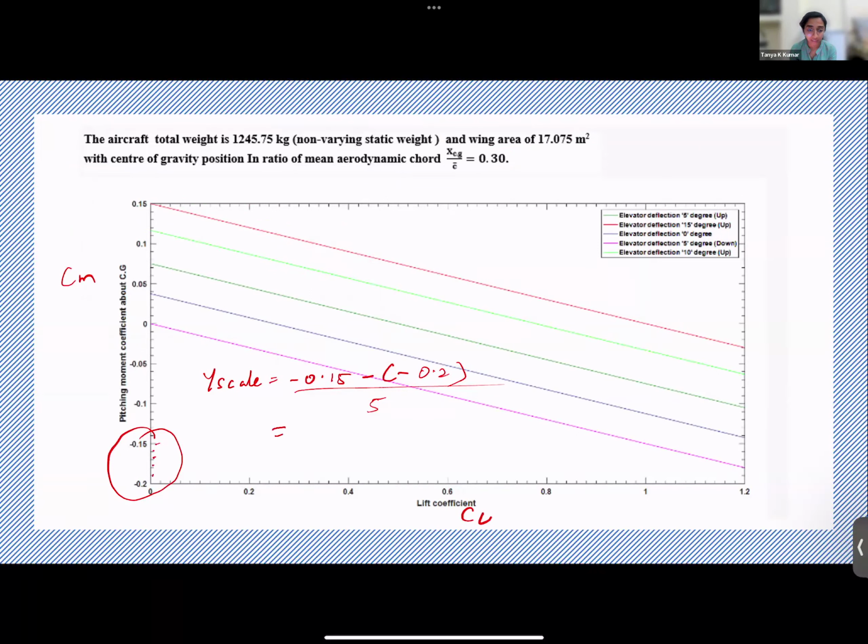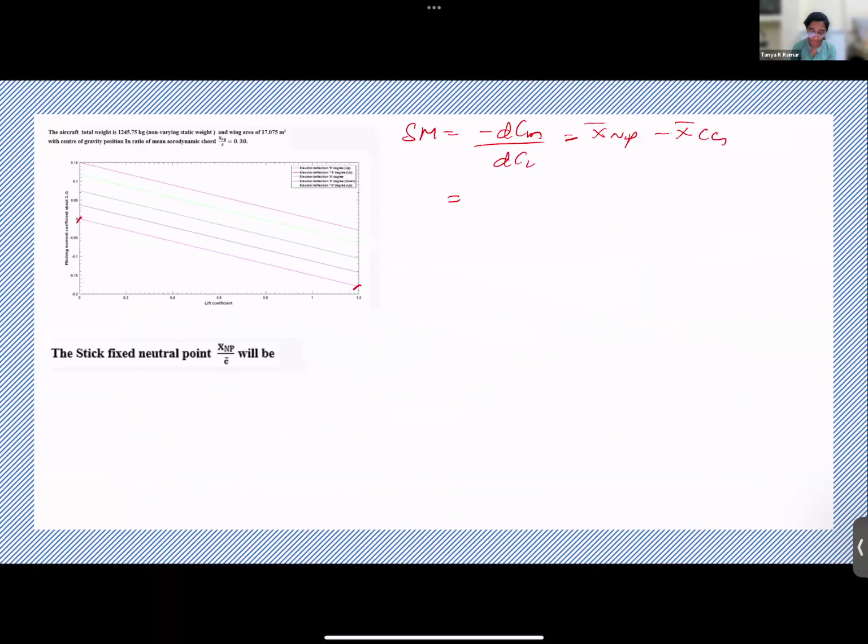So the scale is 0.01. So this quantity will be minus 0.15 minus of, there are 3 divisions there, so 3 into 0.01. What do you get? Minus 0.18. So the value of Cm at that point is minus 0.18.